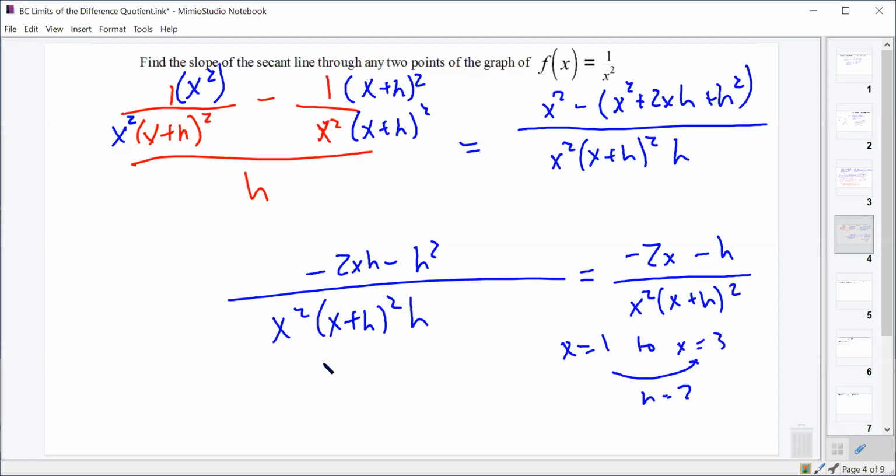We'd plug in 1 for x and 2 for h, so we get negative 2 minus 2 over 1 times 3 squared. Easy enough? Any issues with that?